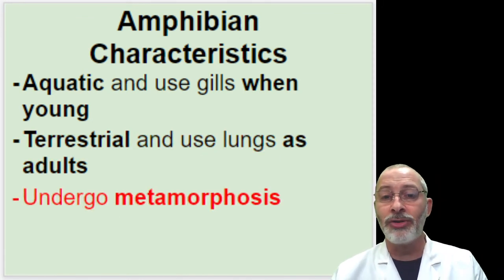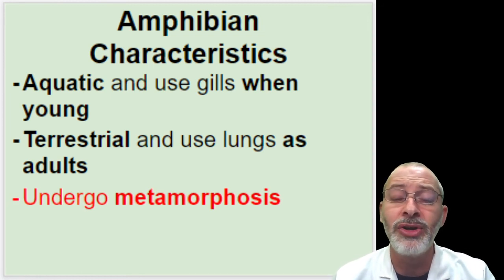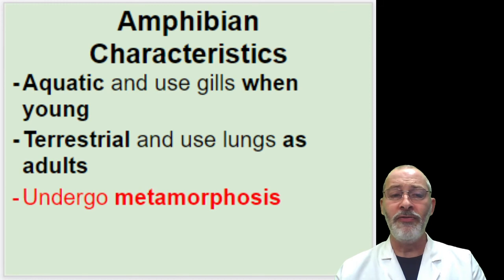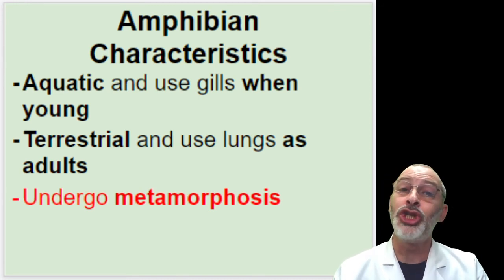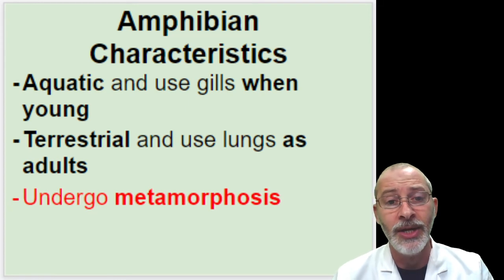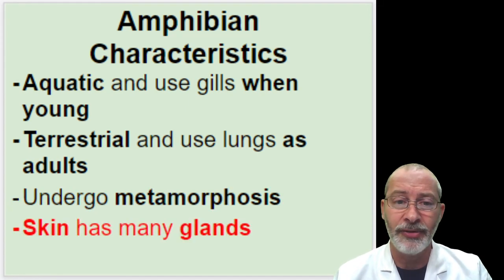All right, another characteristic. Let's move on here. Another characteristic of amphibians is that they undergo metamorphosis. Metamorphosis is the name for that change that takes place between the aquatic phase and the terrestrial phase of its life.